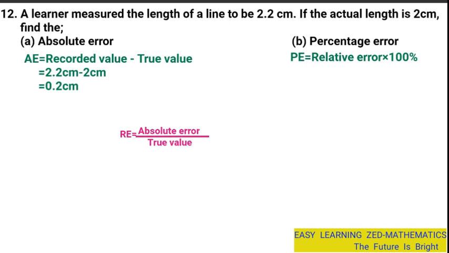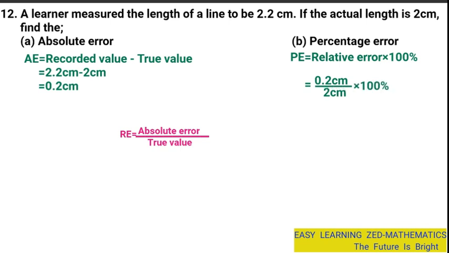So we're going to write P equal to 0.2 centimeter over the true value, which is 2 centimeters, multiplied by 100%.